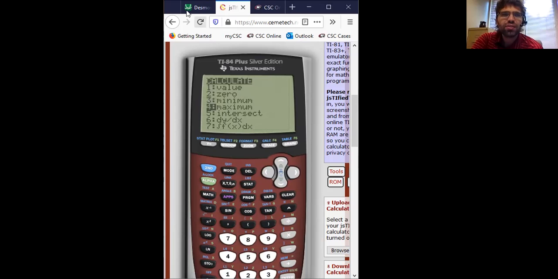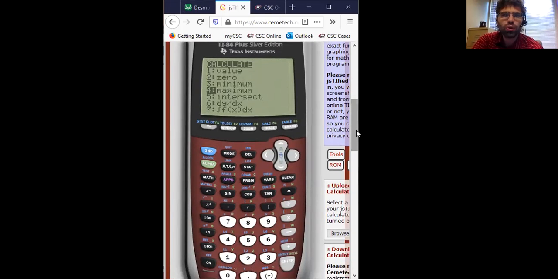The other extrema is handled literally the same way, with one difference. We have to select maximum instead of minimum in the calculate menu. It's asking for a left bound. So the maximum's around here.